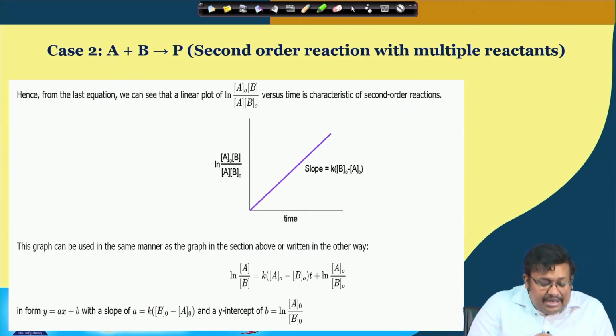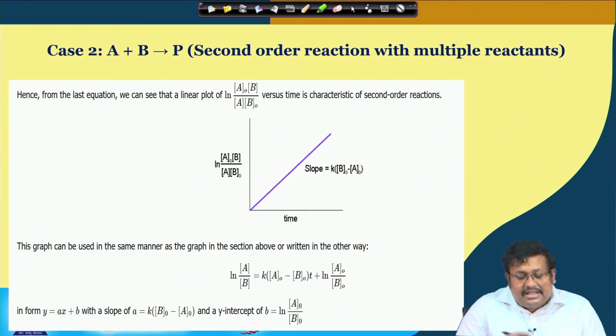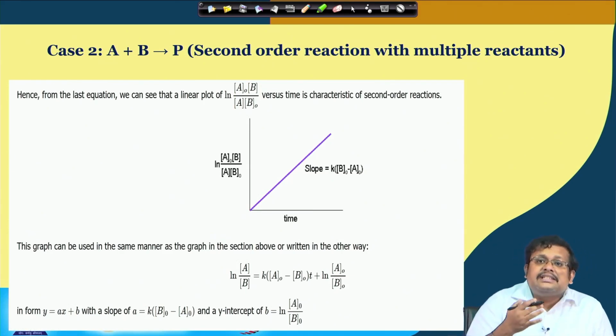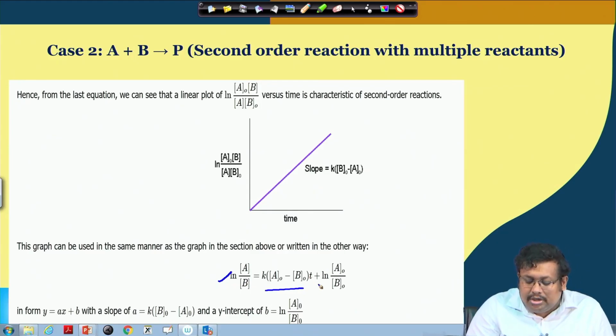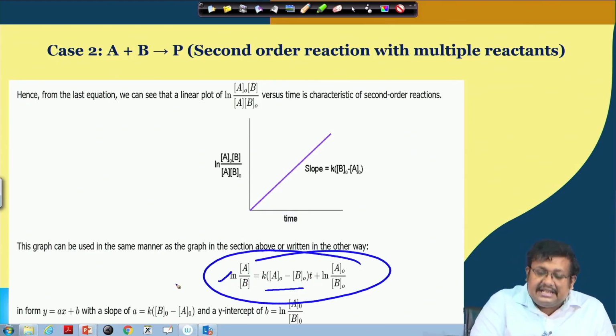So, this graph can be used in the same manner as the graph we showed previously. Basically we can further simplify this as logarithm of (A by B) equal to k multiplied by (A0 minus B0) into t plus logarithm of A0 by B0. So, again you can see here it is a straight line.